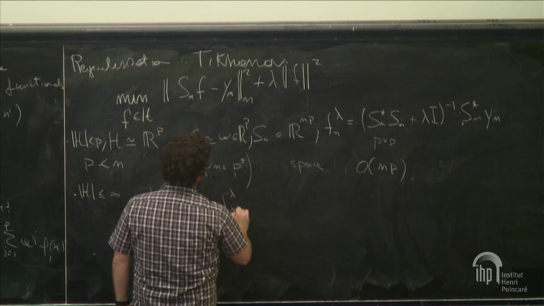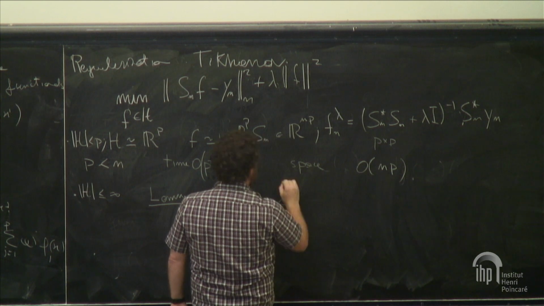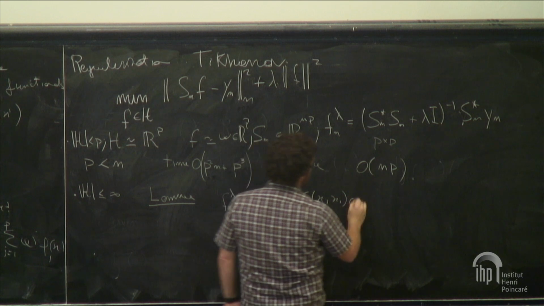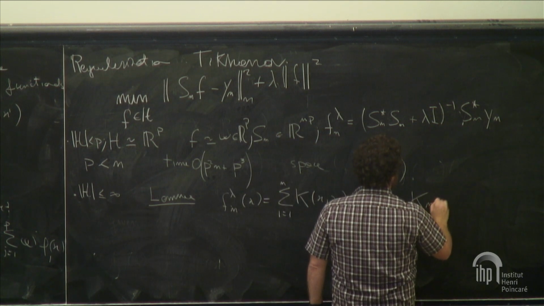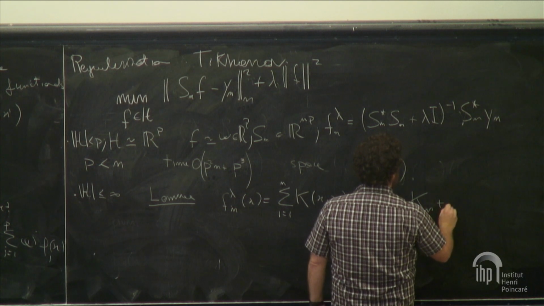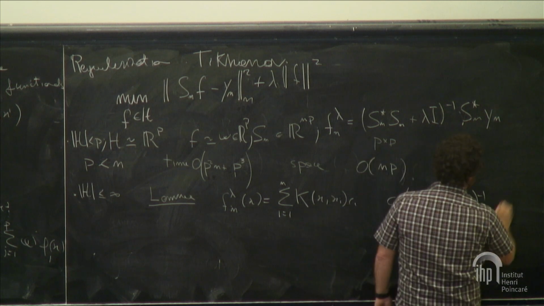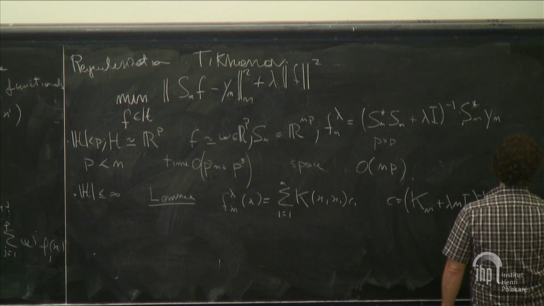If you look at the solution, you can always write it like this, where the matrix Kn is the so-called kernel matrix.